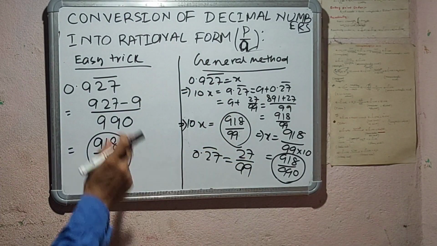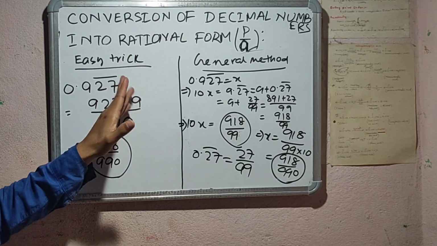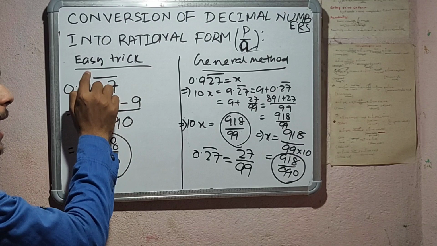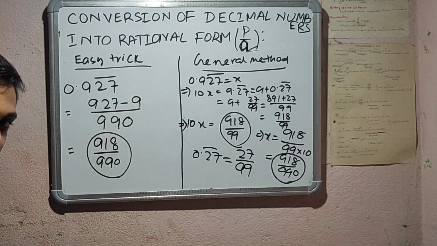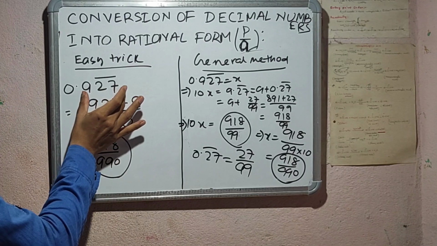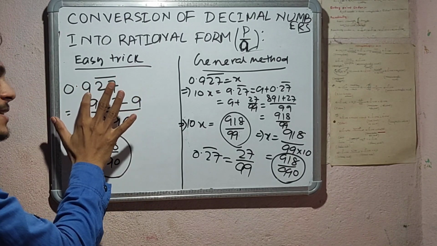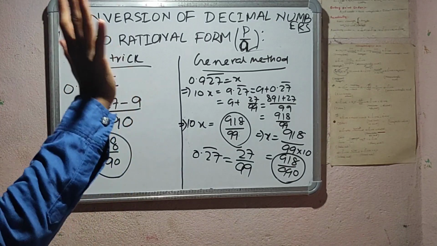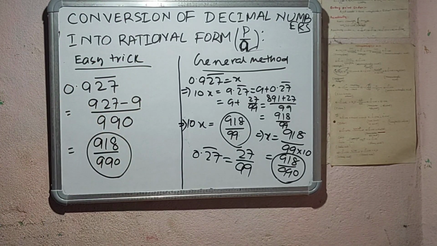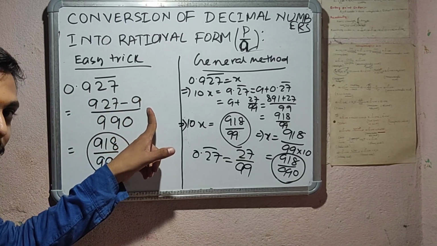This is too lengthy, but here see. 0.927, where the bar is on the 2 and 7. Yes or no? So the first step is we have to simply write the number, that is 927. No bar, no decimal. Clear? Minus 9. Why do I subtract 9 here?